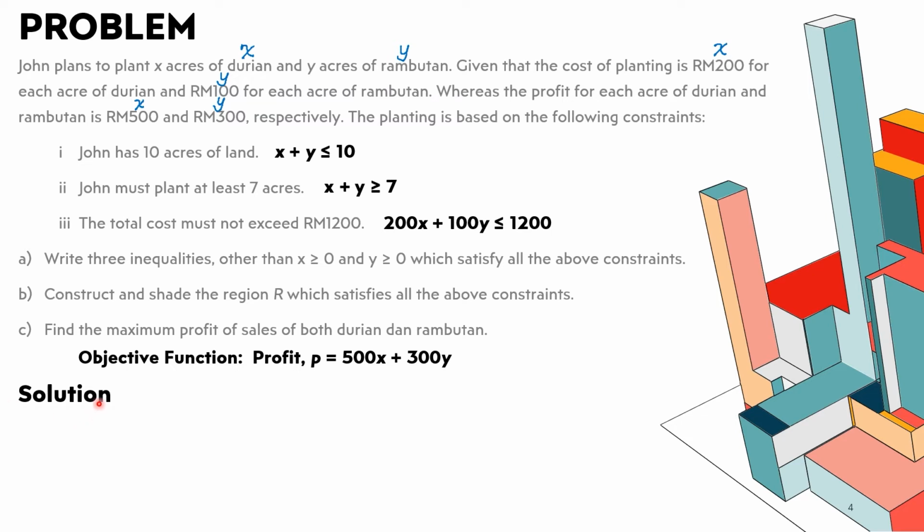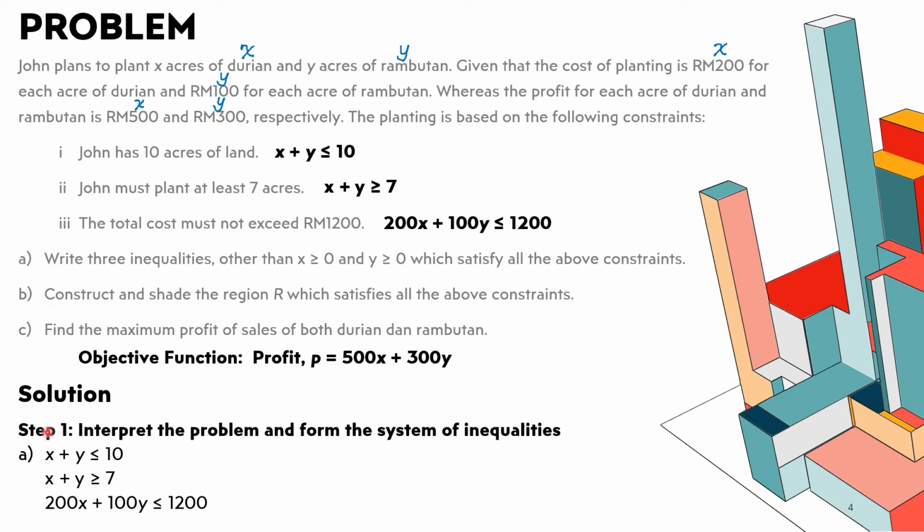So let's look at the solution for question A. Step 1. Just like I mentioned before, in step 1, we will interpret the problem like we have done before and form the system of inequalities. So here is our system of inequalities and the answer for question A. X plus y must be less than or equals to 10.